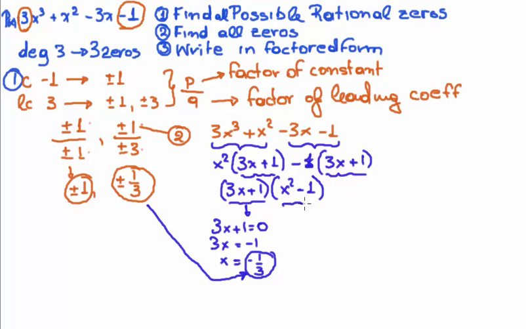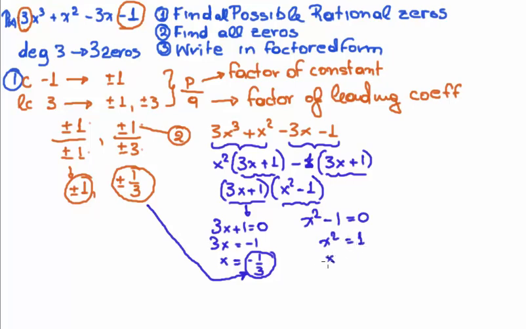At the next step, there are many ways that I can factor that. I can factor it with the square root property, I can factor it with the quadratic formula, or I can see that this is nothing else than a difference of squares. It doesn't matter how you factor it. Let's do it with the square root property. x squared minus 1 is equal to 0. This means that x squared is equal to 1.